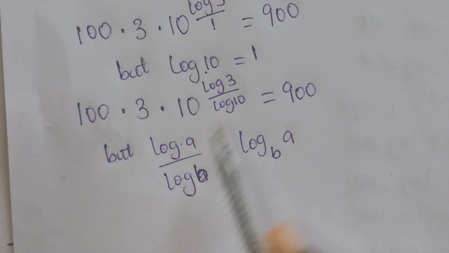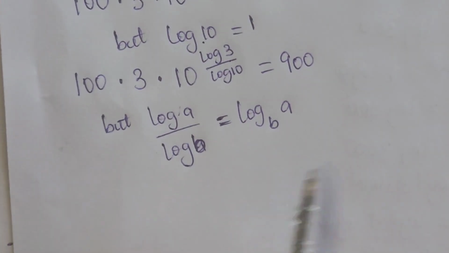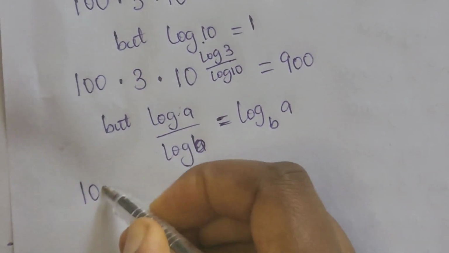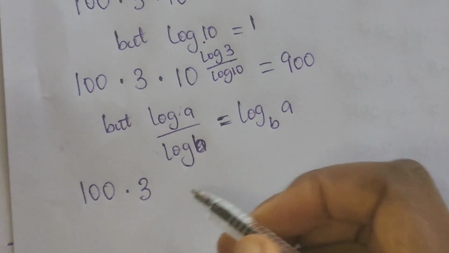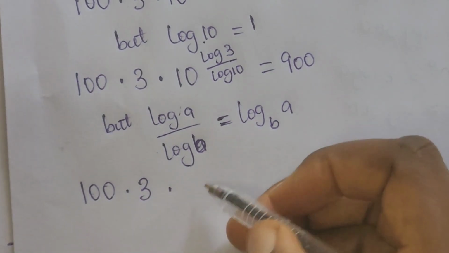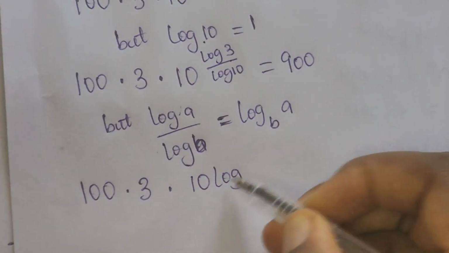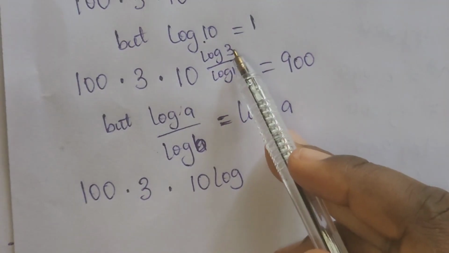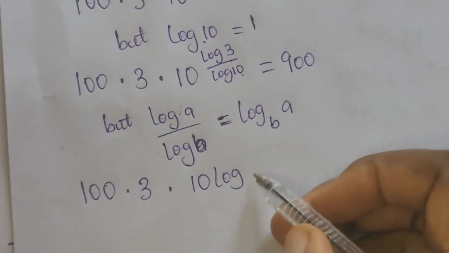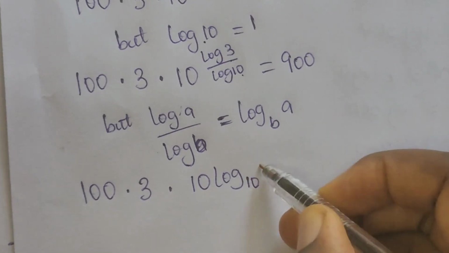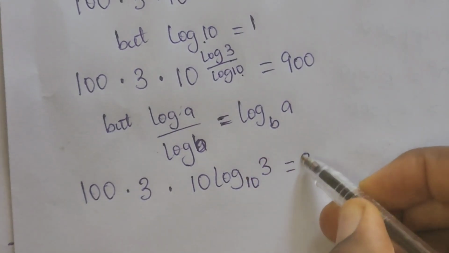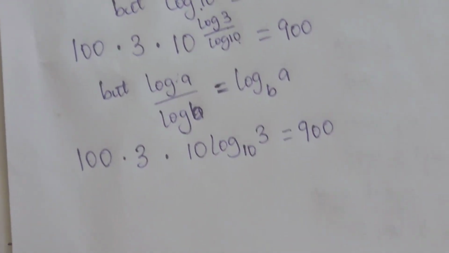So I'll be applying this rule over here. We have 100 times 3 times 10 to the power of log base 10 of 3, equal to 900.